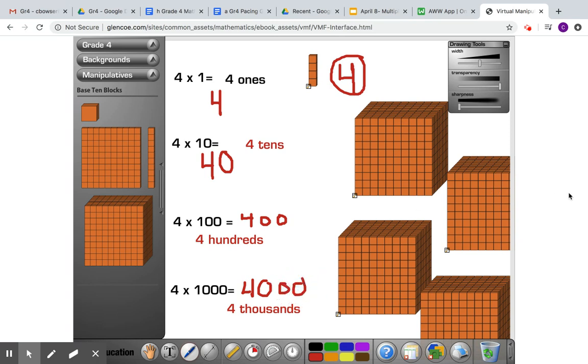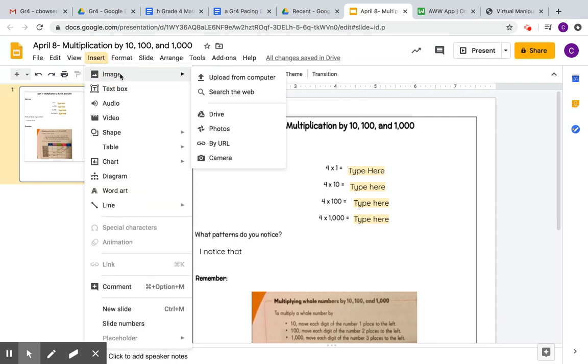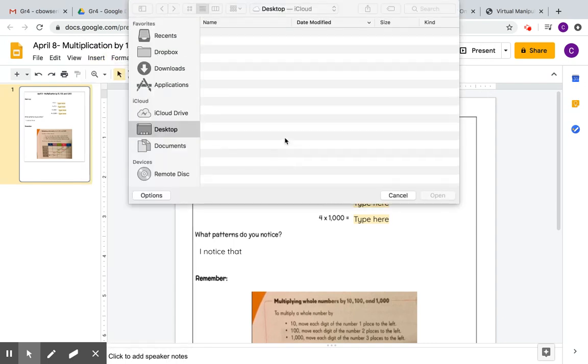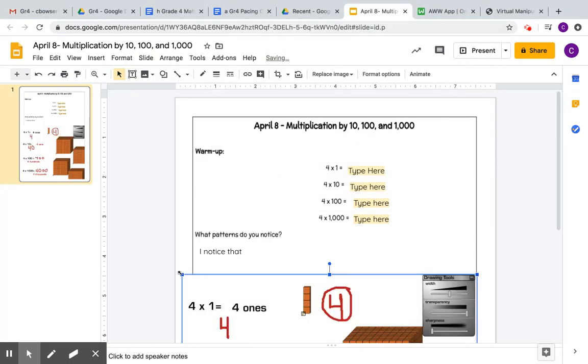Awesome. I'm going to take a screenshot and I'm going to move this into our workspace so we can go back to your work for April 8th. And we're going to type in our answers based on what we just did in our other slide.